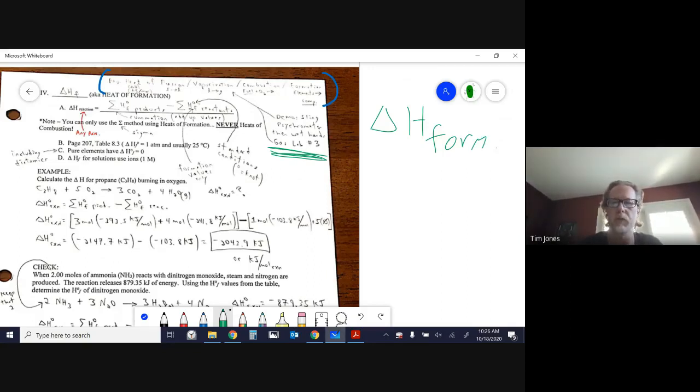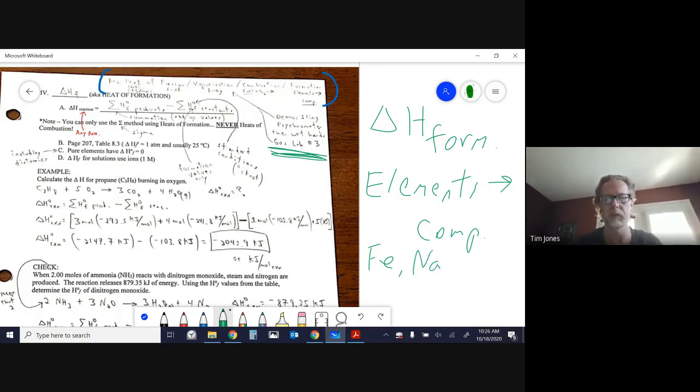You must always do the elements, and they will form whatever compound. Now, the elements must be individual elements. So if it's iron, it's just regular old iron, not the ion, but neutral iron. If it's sodium, it's just regular old sodium, not Na+.